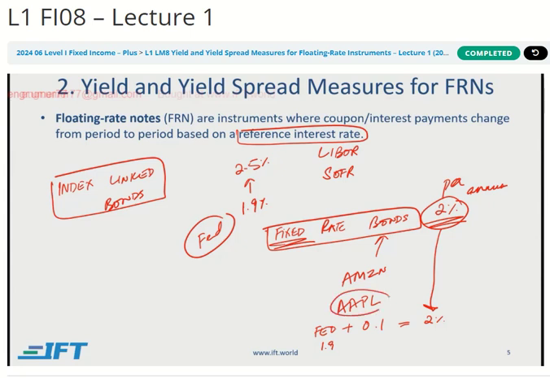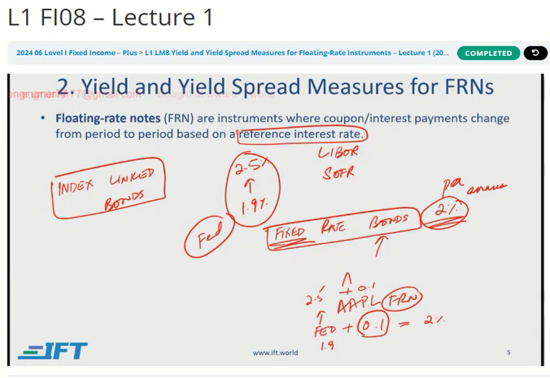But if you had gone for the Apple floating rate note, right, then when the Fed rate went up to 2.5 from 1.9, you would have gotten 2.5 plus that 0.1, because that is basically what Apple is offering, a little bit additional to the Fed rate, and your return would have gone to 2.6, which is obviously more than the 2% at which you would have gotten stuck if you had bought the Amazon bond.